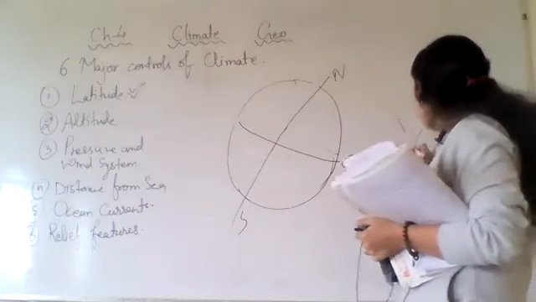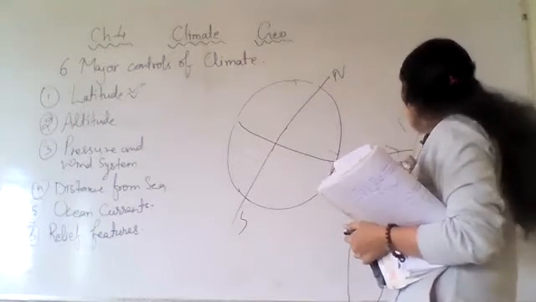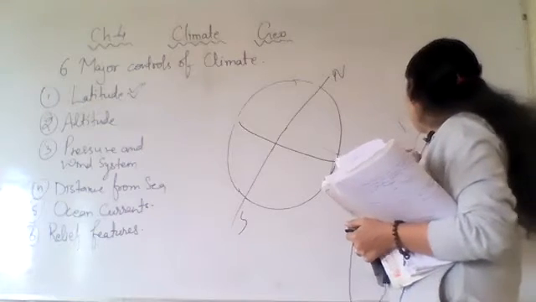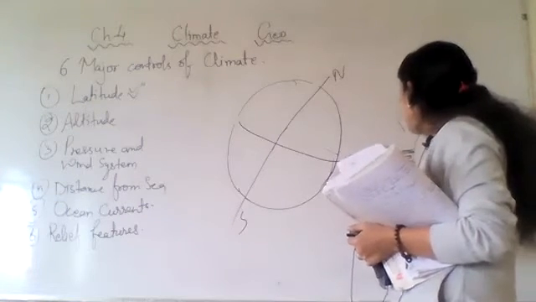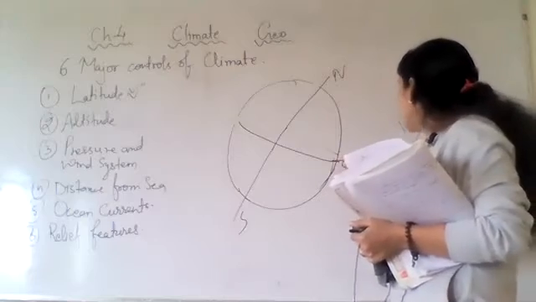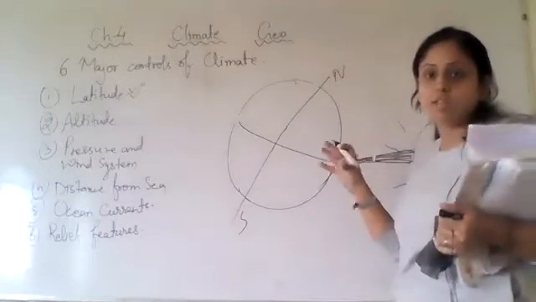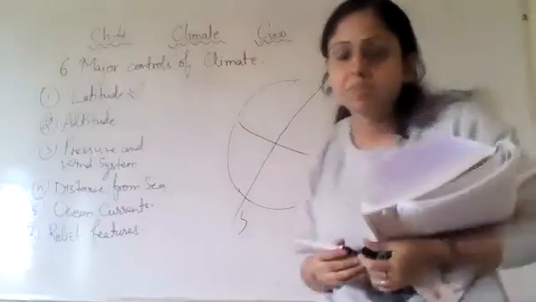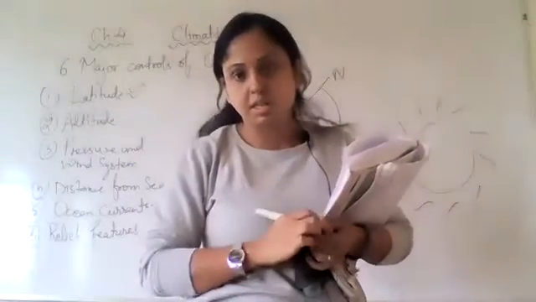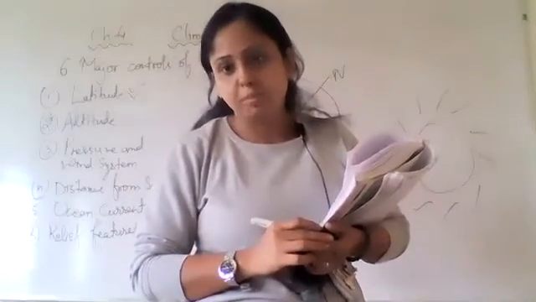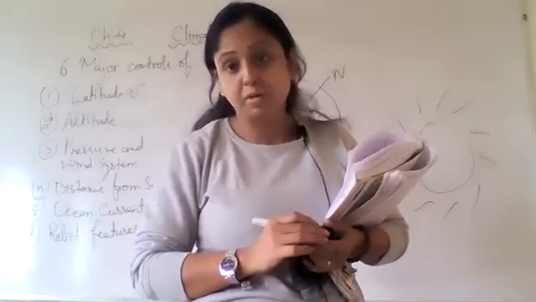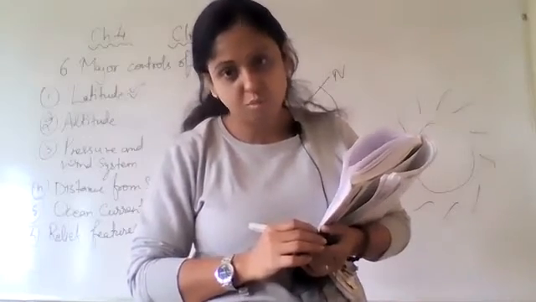So when sun rays come, this area, the equator, is facing brighter, broad sun rays. Braj is saying that as the sunlight falls directly on the equator, the air becomes warm and capable of capturing more moisture.